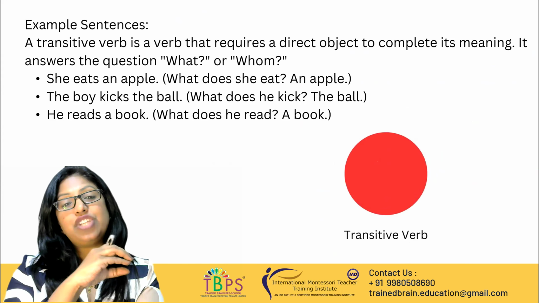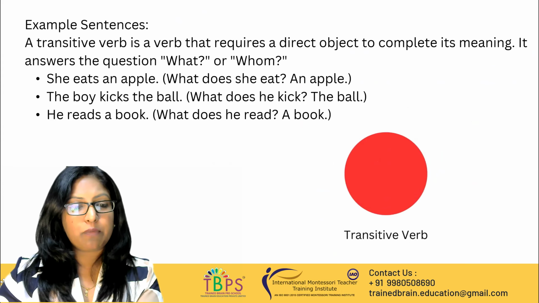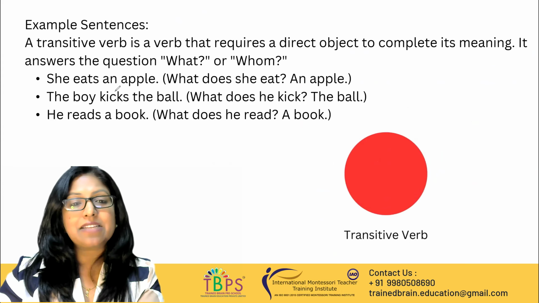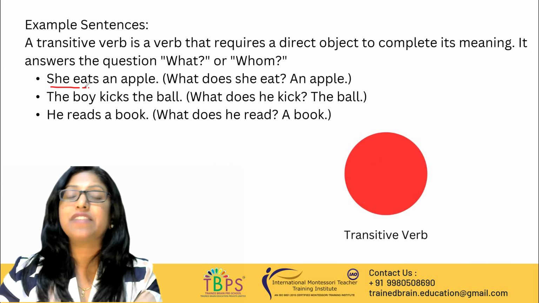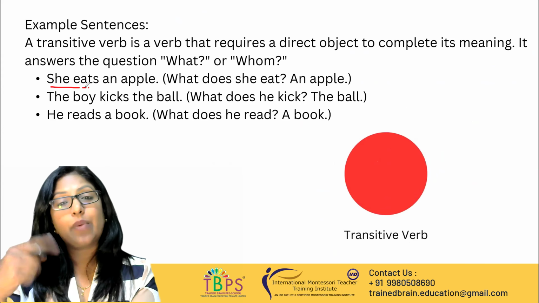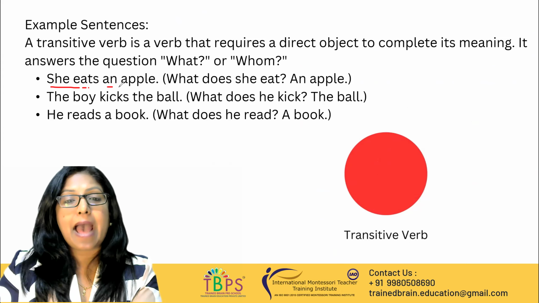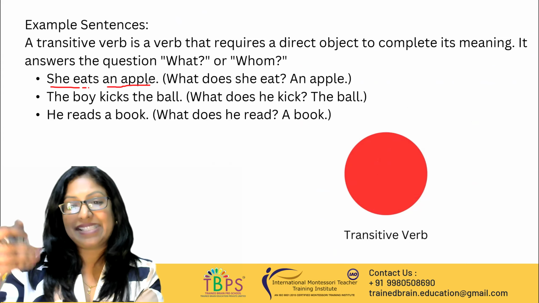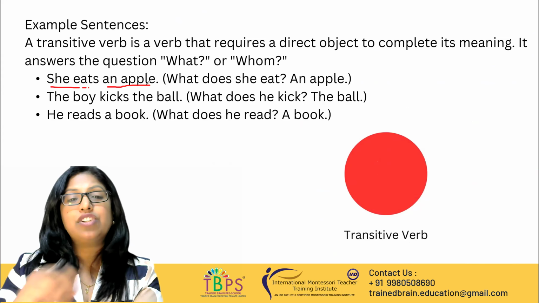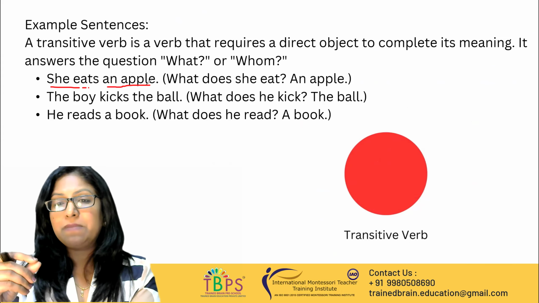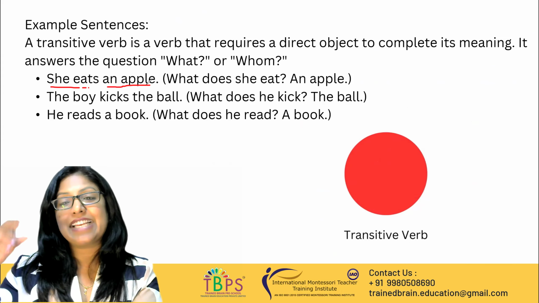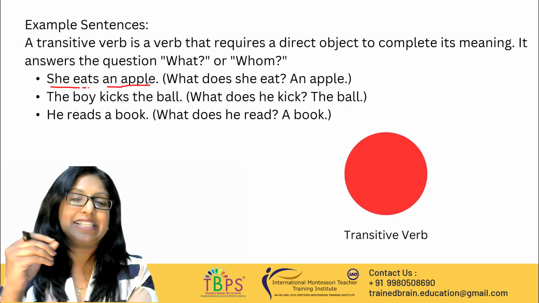And when we ask the question, what does she eat? When we add an apple, it makes sense. So a transitive verb is a verb that is linked directly with an object to complete its meaning.